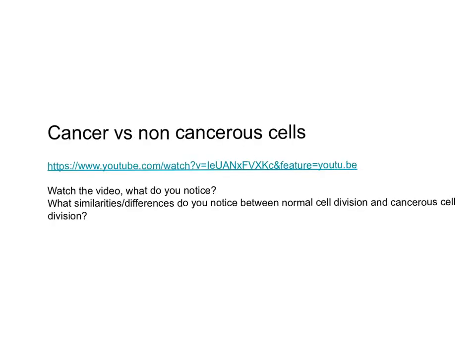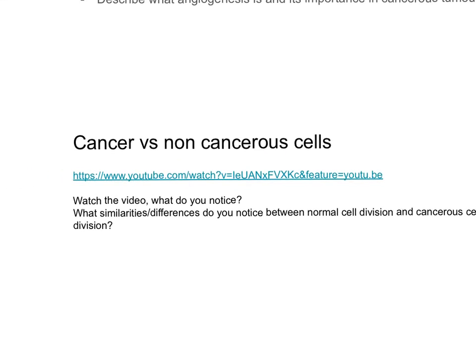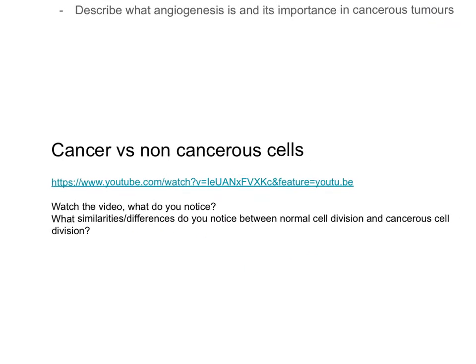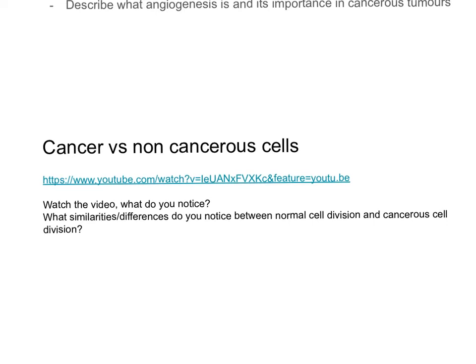If you're in my class and currently watching, what I want you to do is pause the video, go check out this video. The link, the lesson is always on the hub, so go watch the video and just, what do you notice? What are some similarities and differences you notice between the normal cell division and the cancerous cell division? So let's say you pause the video.